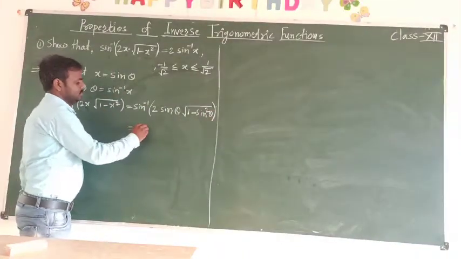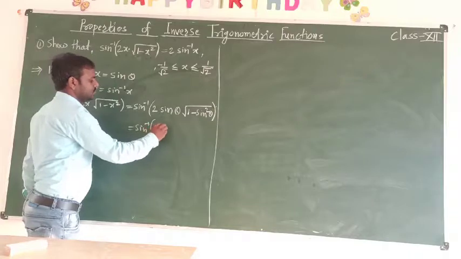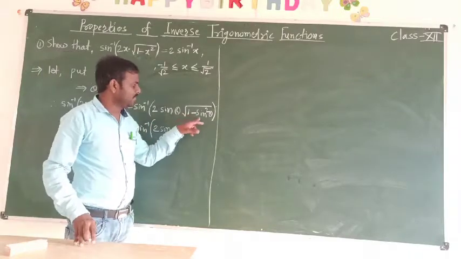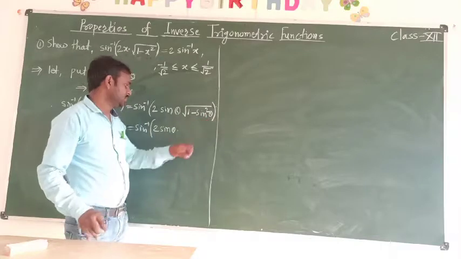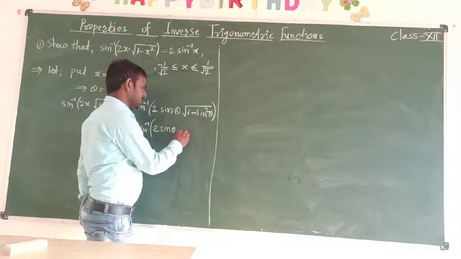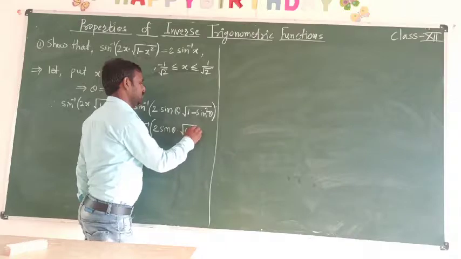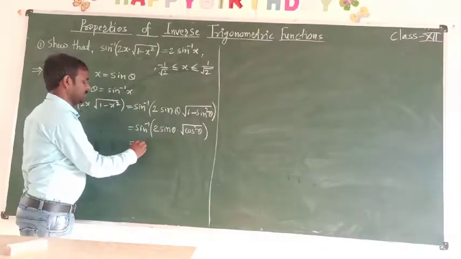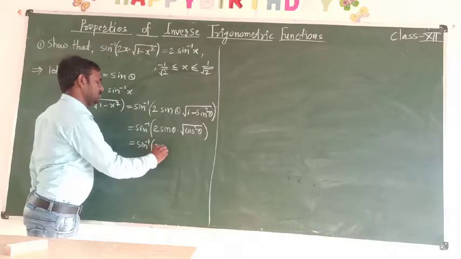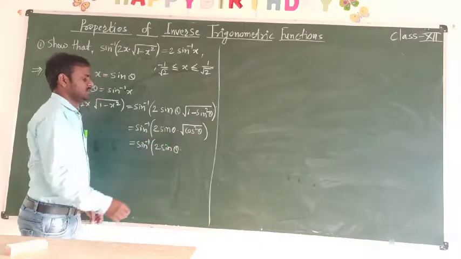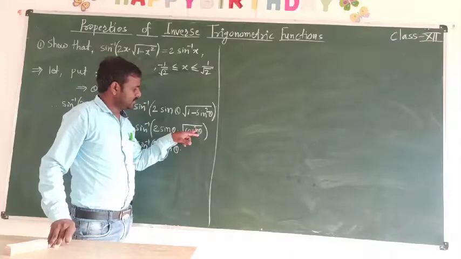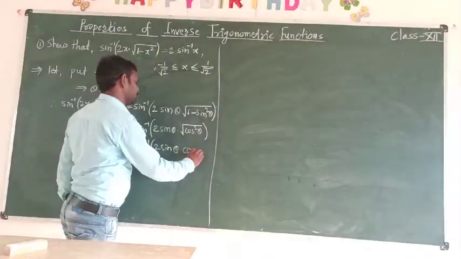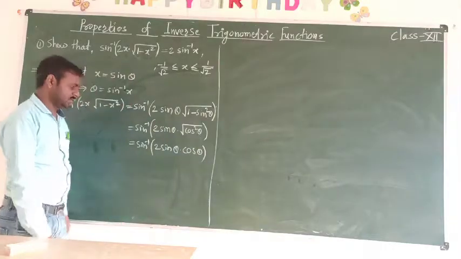So we get sin inverse of 2 sin theta, and we know that 1 minus sin square theta equals cos square theta. Therefore we get root of cos square theta, which is cos theta.